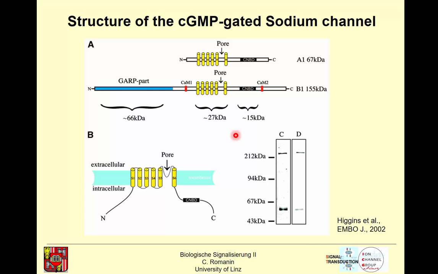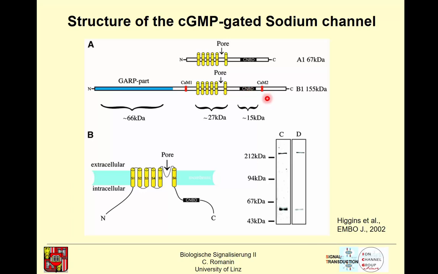Meanwhile, maybe it has already been crystallized, but what I want to mention here is that there are different forms available, but they have one similarity in the C terminus. This is the CNBD, the cyclic nucleotide binding domain. So here in the C terminus is the domain where cyclic GMP is bound.